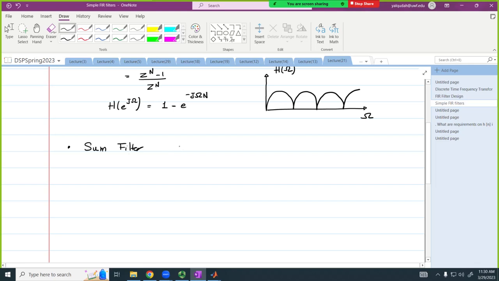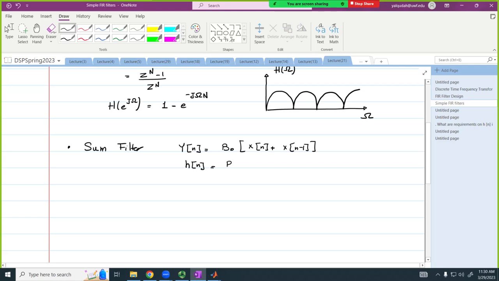In the sum filter, we have a filter that is given by y of n equal to b0 multiplied by x of n plus x of n minus 1. So this filter is going to take the current input and the previous input, multiplied by a constant, and that will be the output. So let's see what this filter is going to do.